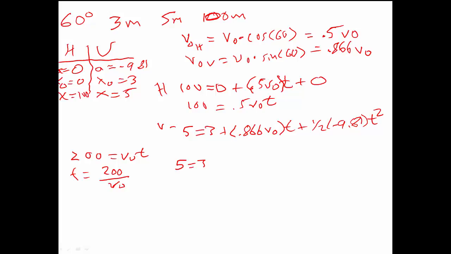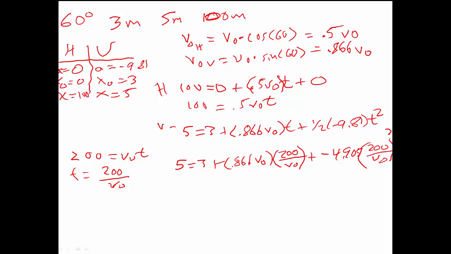5 equals 3 plus 0.866 v naught times 200 divided by v naught, plus negative 4.905 times 200 divided by v naught, and that whole thing is squared. Now I'm going to simplify.